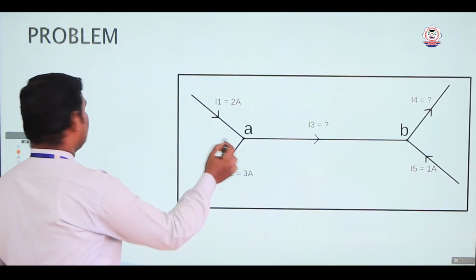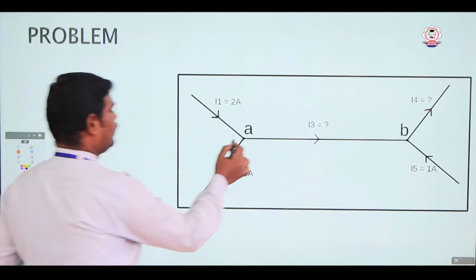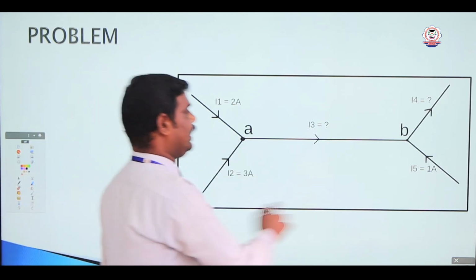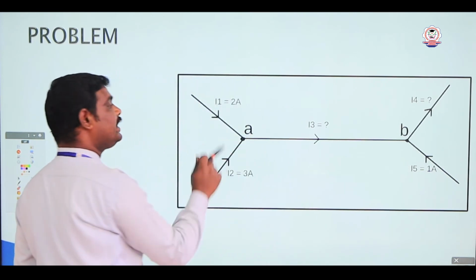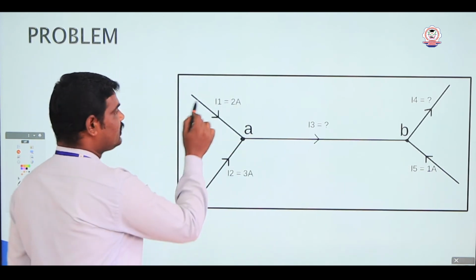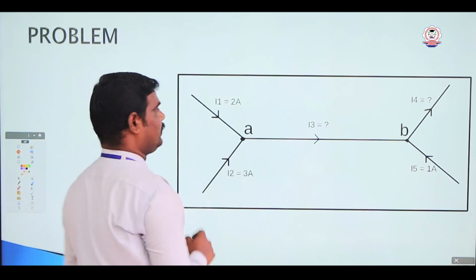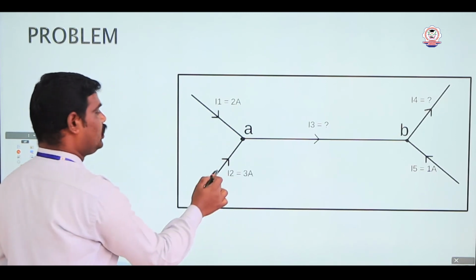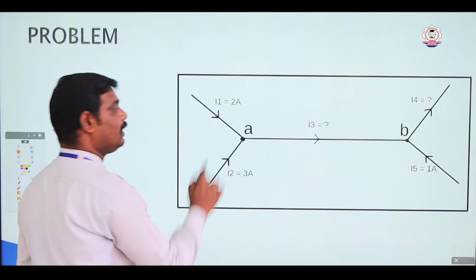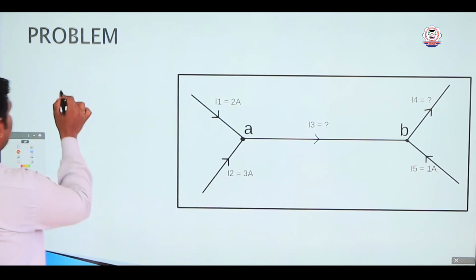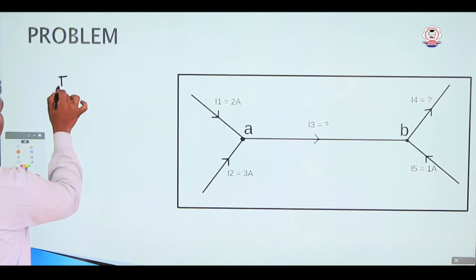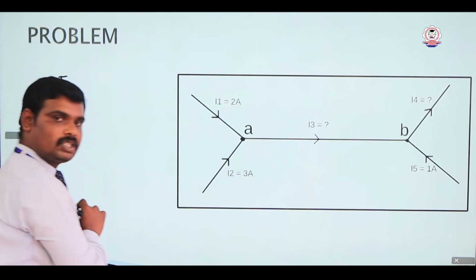Take, my dear children, here we have two junctions, A and B. In this junction three currents are meeting: I1, I2 and I3. Here I1 and I2 are towards this junction, but I3 is what? Outwards from this junction. That is why you have to write the formula by using Kirchhoff's first rule.